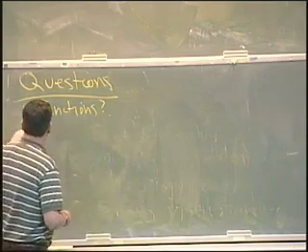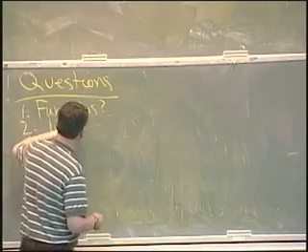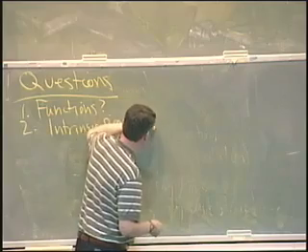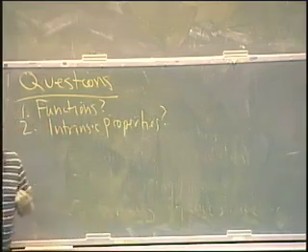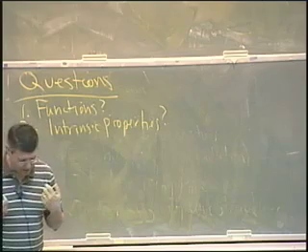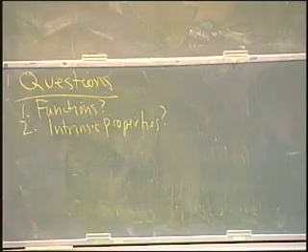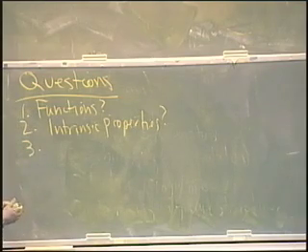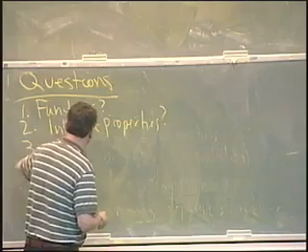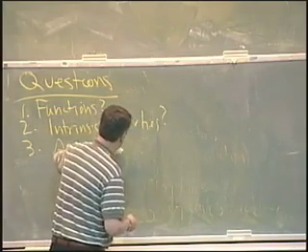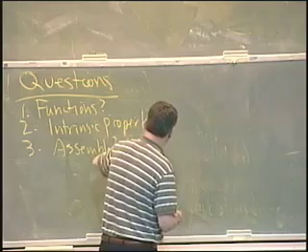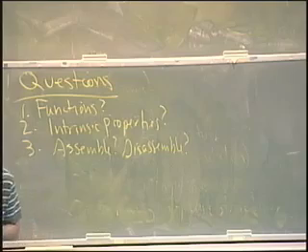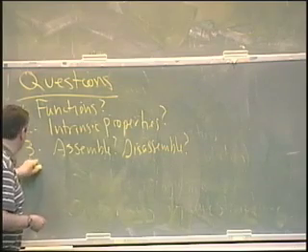Second, what are the intrinsic properties that allow each cytoskeletal system to carry out the functions it carries out? How does each different cytoskeletal system assemble and disassemble? And then, what are the roles for interacting proteins?